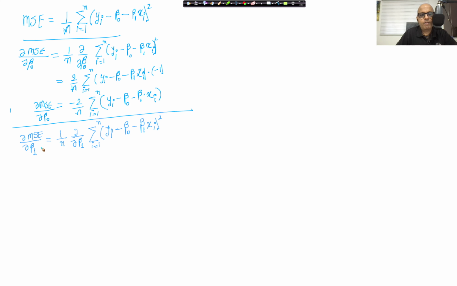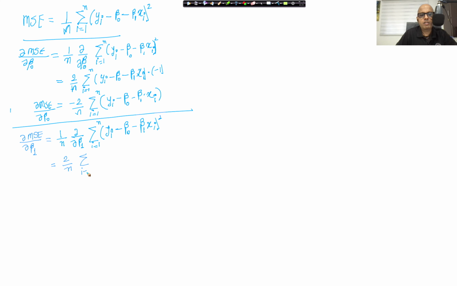So this time when we are trying to take the derivative with respect to beta 1, the first part would be the same. These two we would get 2 by n, and then we would have the same term that we have seen before.